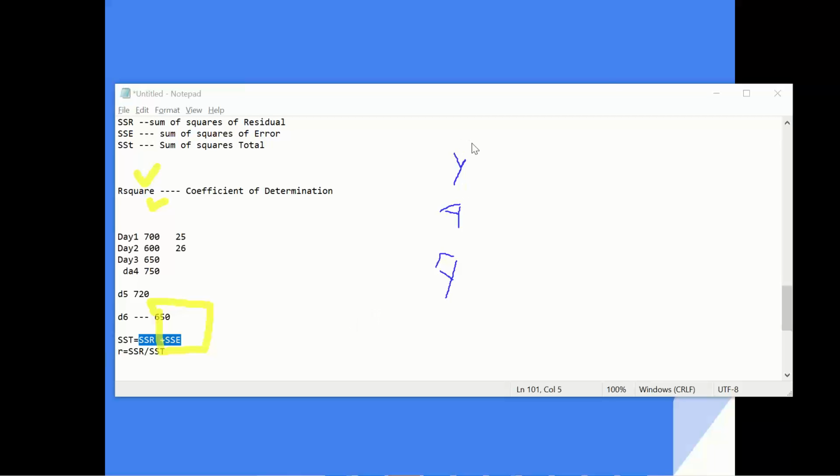Right? Your formula is this. You are saying SSR divided by SSE plus SSR, right?